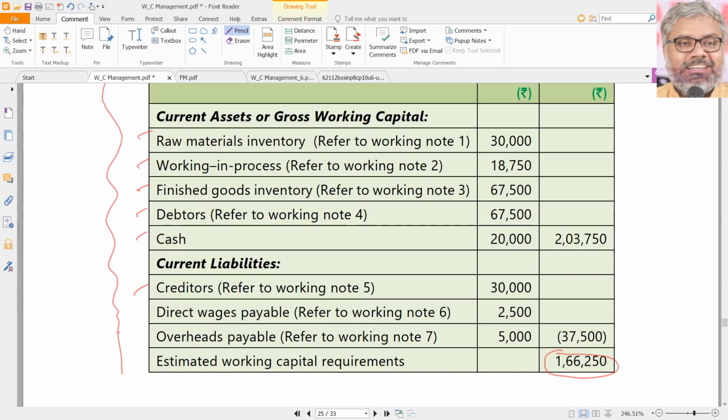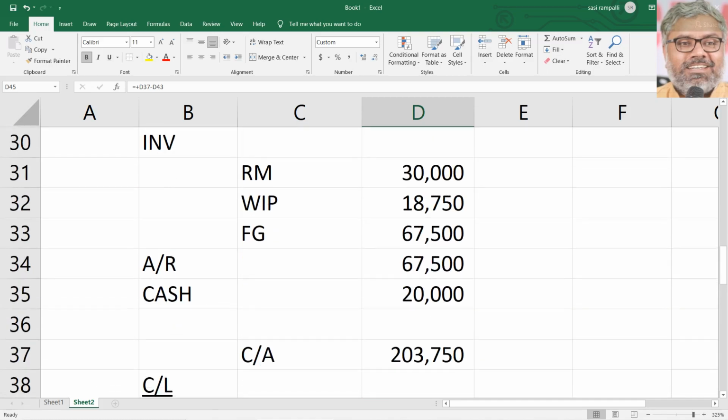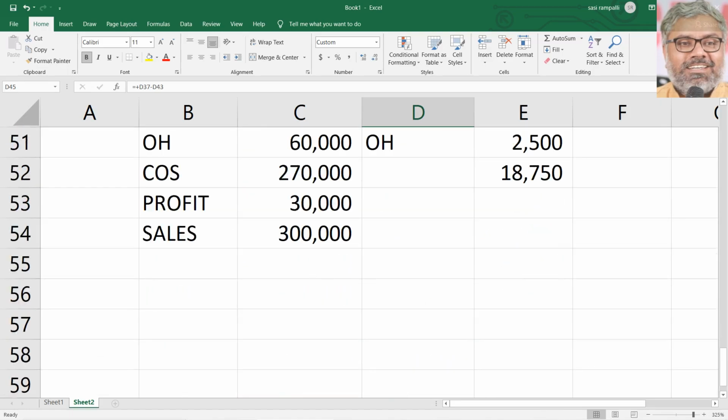Definitely creditors will be there. Lag in payment of wages, lag in payment of overheads will be there. So current assets minus current liabilities will give us the working capital estimation of 1,66,250. That is the way we estimate the working capital requirements from the information given in the question.